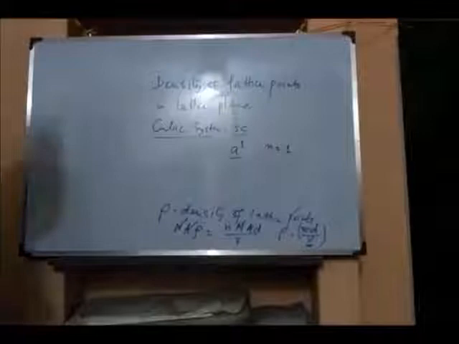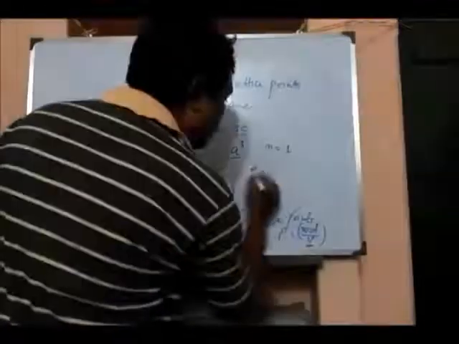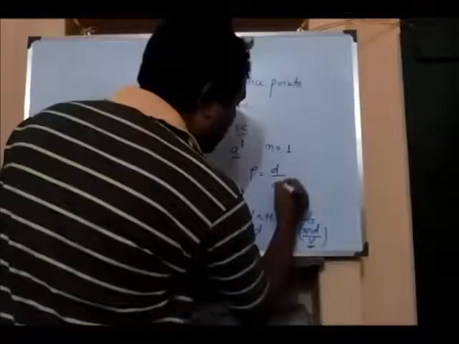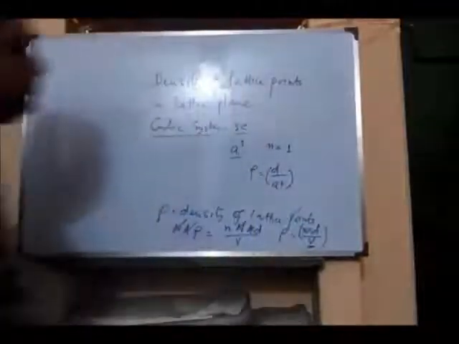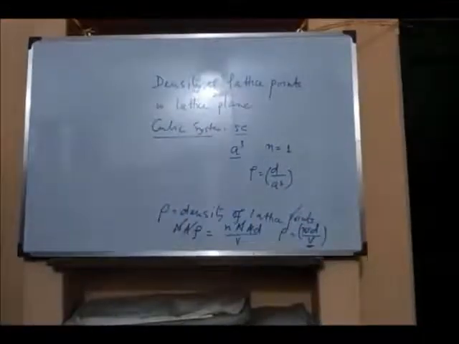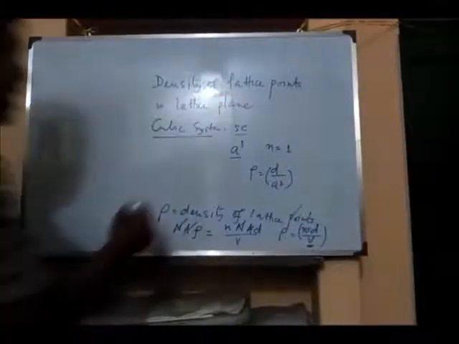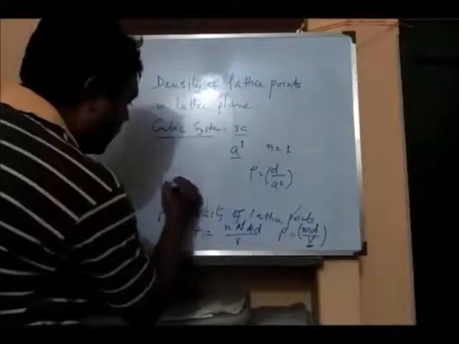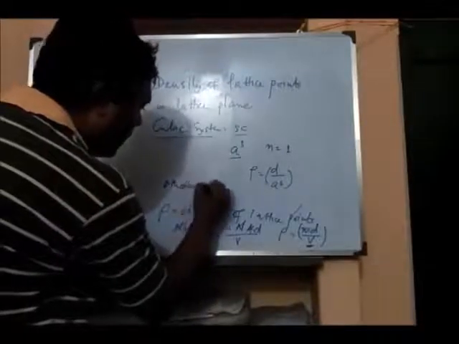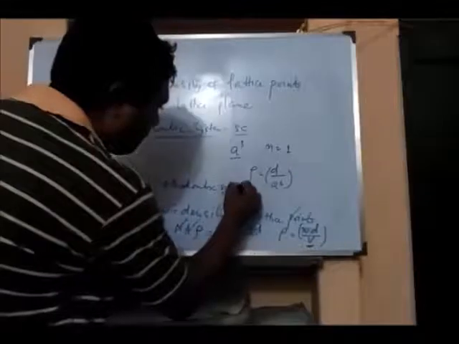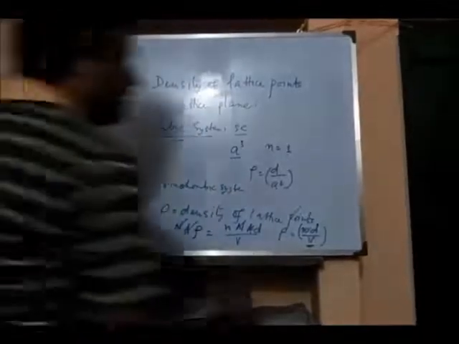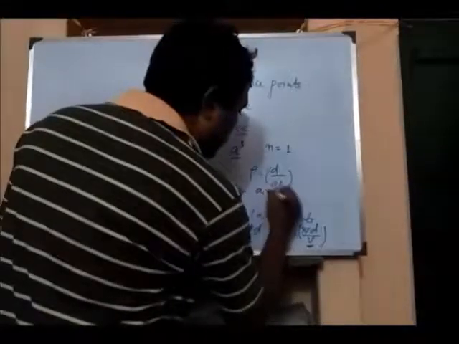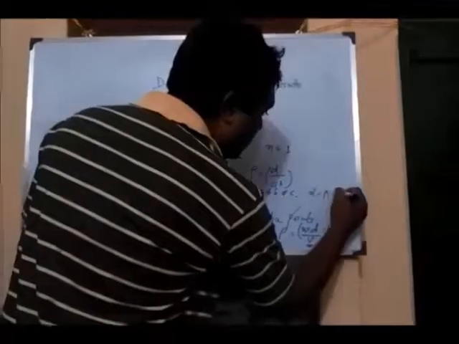So rho will be just 1 by a cube times D. Now for the orthorhombic system, a not equal to b not equal to c, but alpha equal to beta equal to gamma equal to pi by 2.